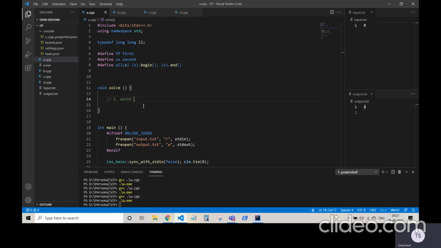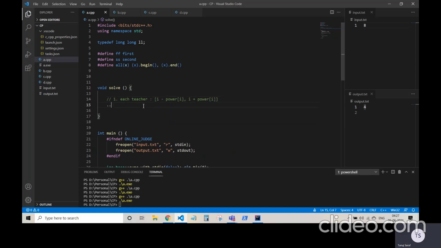The first thing that comes to mind is that each teacher can protect from I minus power I till I plus power I. And we have to cover the range 0 to n.